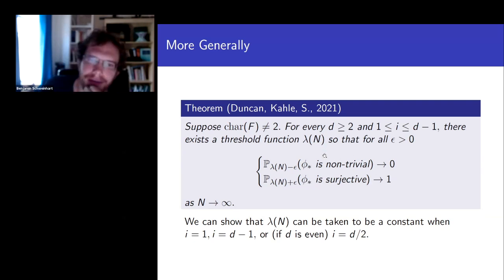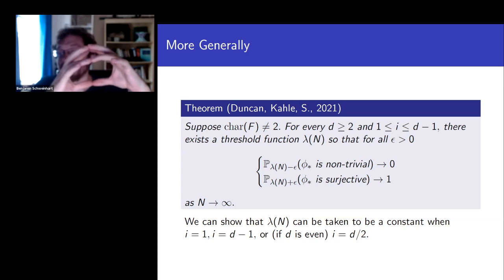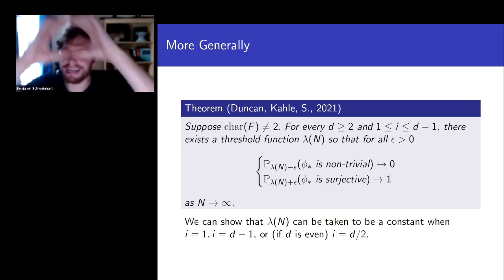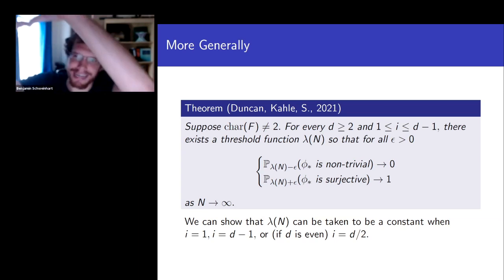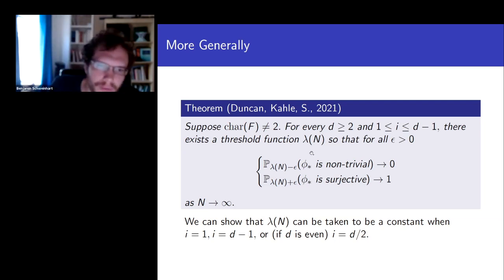The issue here is that we have this family of tori we get from identifying opposite sides of a cube of linear width n. So they don't fit naturally one into the other. We can't directly compare what goes on in one torus for one value of n to the torus with the value n plus 1. So we aren't able to show that there is a single real number that we can use as our threshold function, as we did in the case d/2.